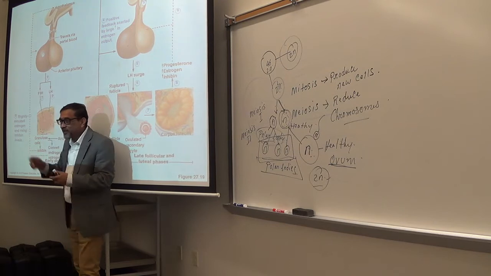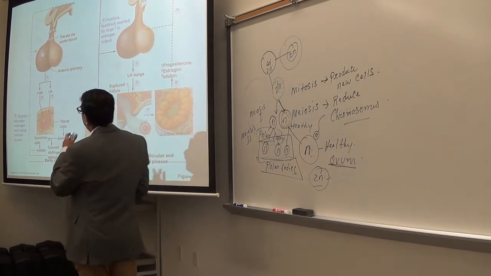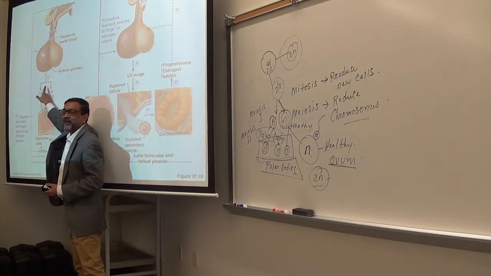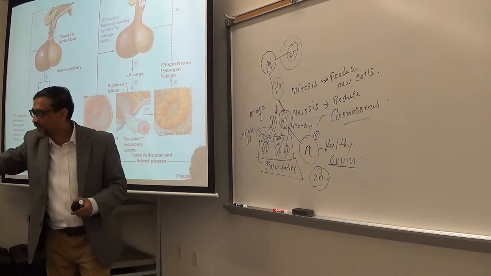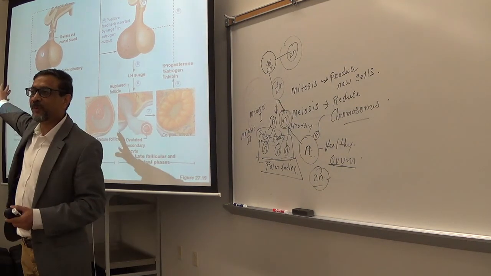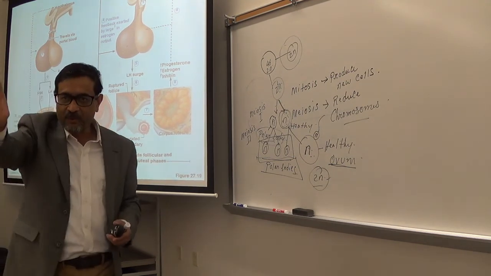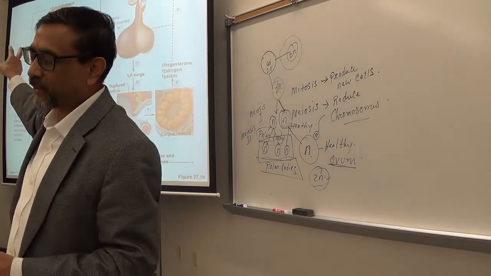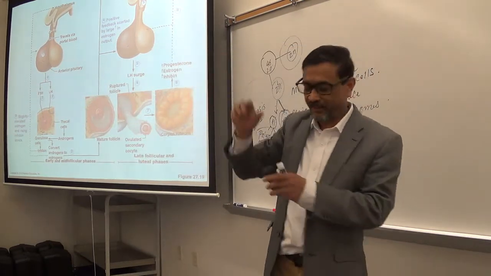So the corpus luteum, that yellow structure, will inhibit the release of FSH and LH. As long as the corpus luteum is there, these two will not be released.